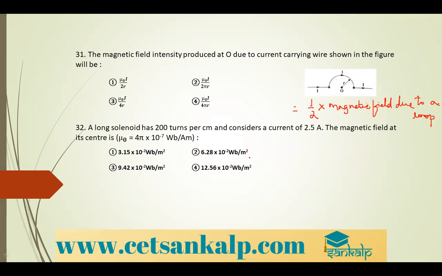So from that you can write the formula as half into mu naught by 4 pi into 2 pi I divided by R. So 2 and 2 get cancelled.